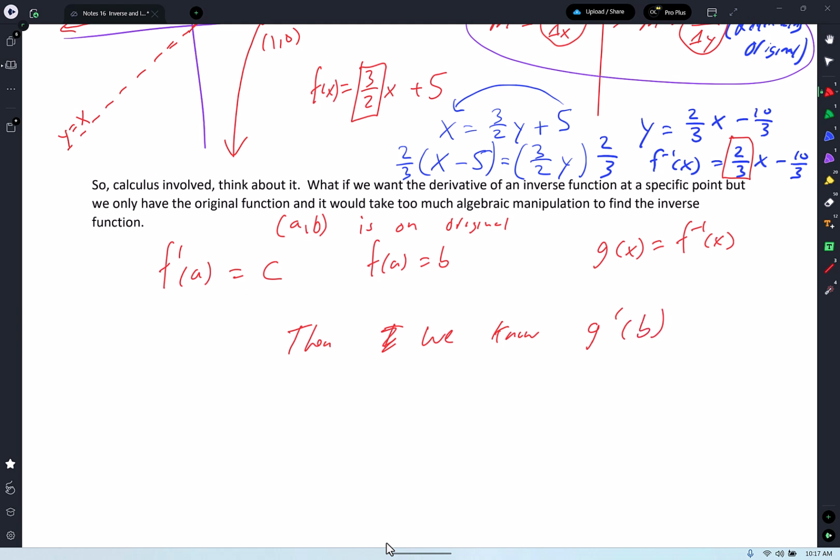How? Remember, f of a equals b. So that means g of b equals a. That's what it means, right? I'll slow down.